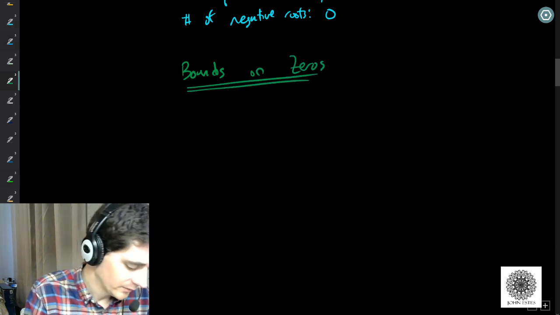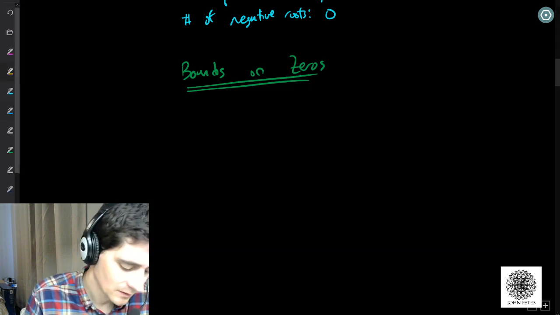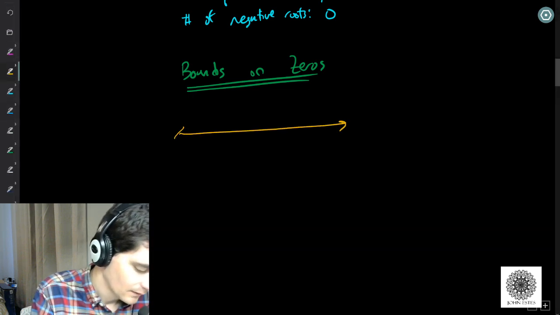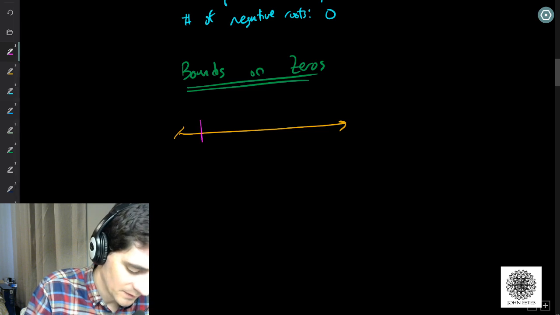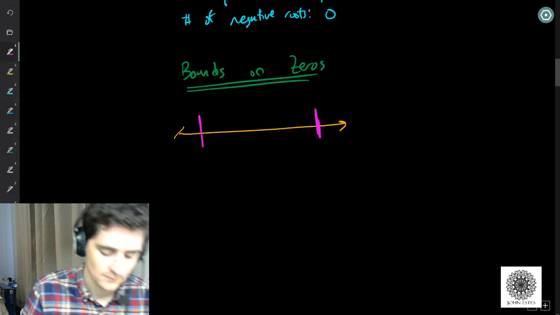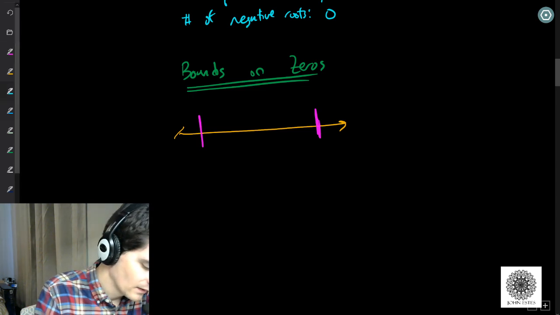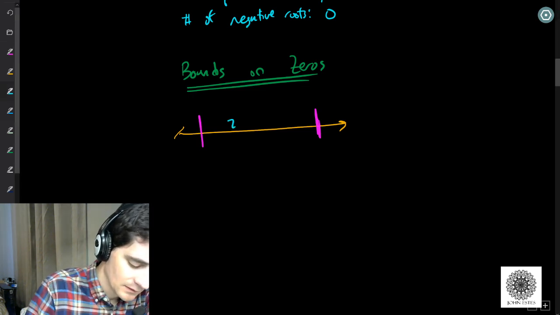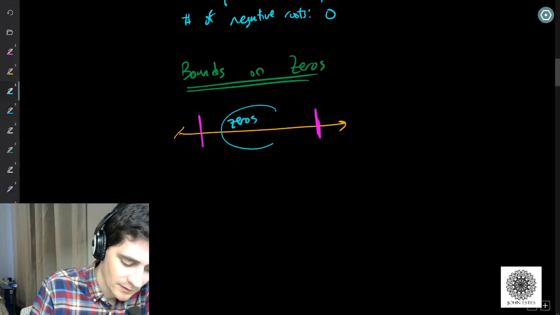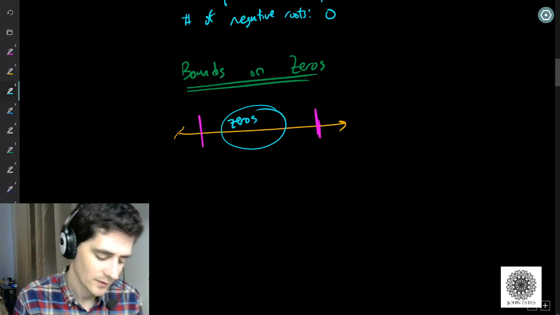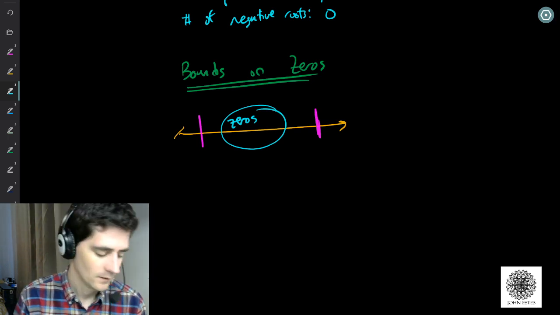Okay, and let me get a number line here. I'm going to draw a number line and put up these 2 walls. And let's say all of our zeros are somewhere in this range, somewhere in between these pink 2 walls.